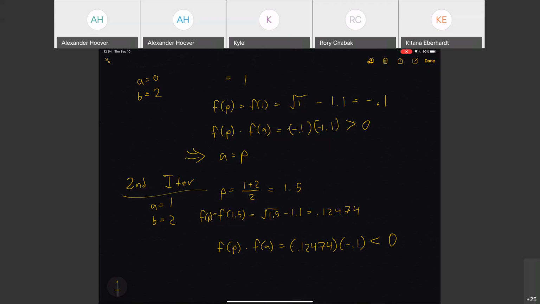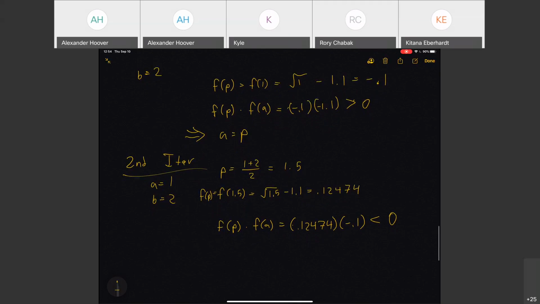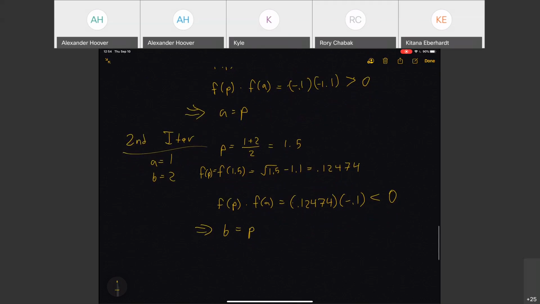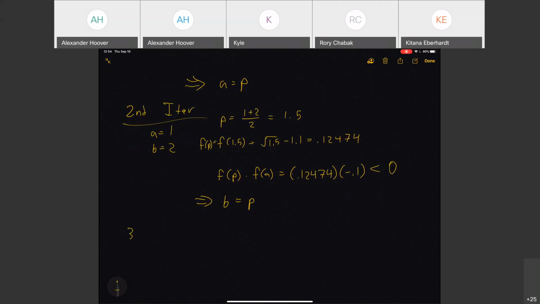All right. So from this, we can then say that B is equal to P. So then you have our third iteration, where A is equal to 1, B is equal to 1.5.